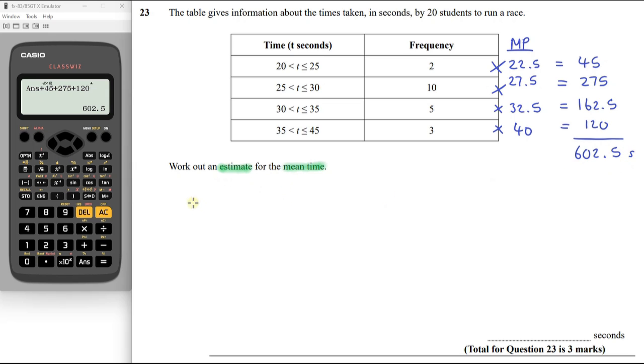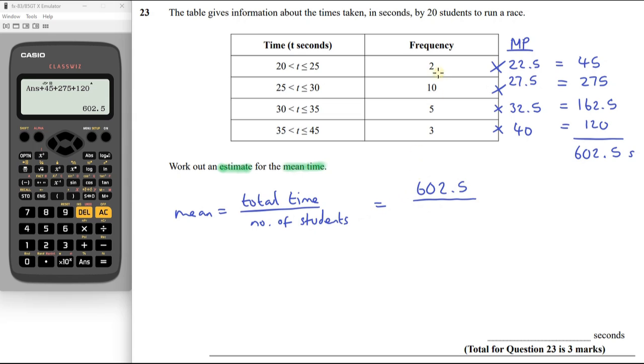So to calculate the mean, we know that the mean is going to be the total time divided by the number of students. Number of students? Yeah, it is. Okay, so the total time we know is 602.5.